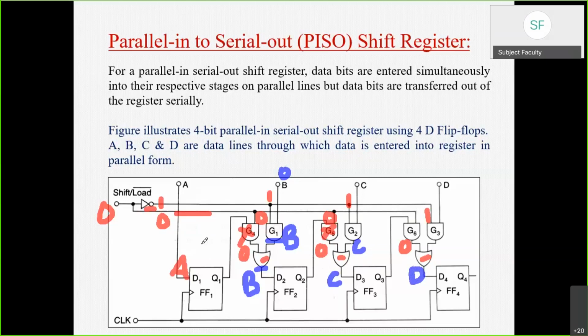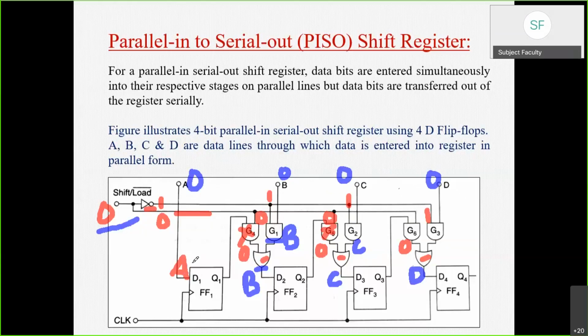Now if you observe, when shift/load bar becomes 0, what is happening? Just for example, initially we are giving all data bits as 0000, so ABCD is now 0000. When shift/load bar is 0, the flip-flops are actually loading the data bits.